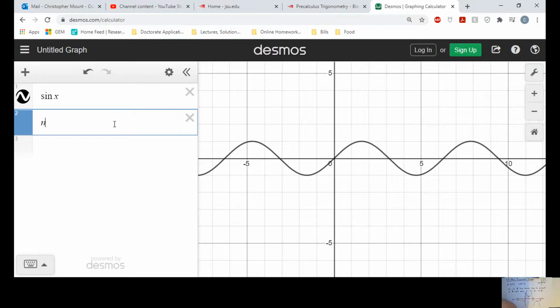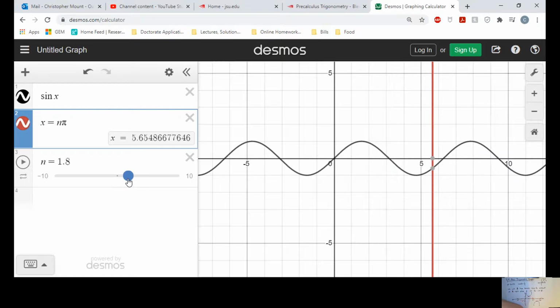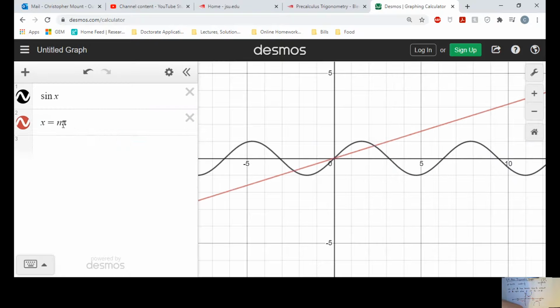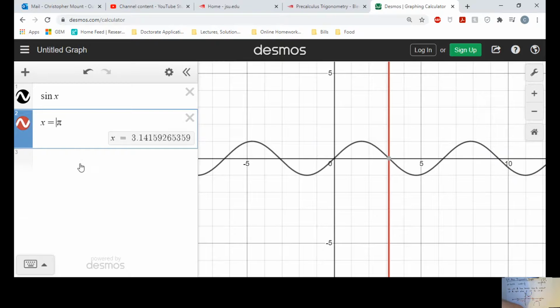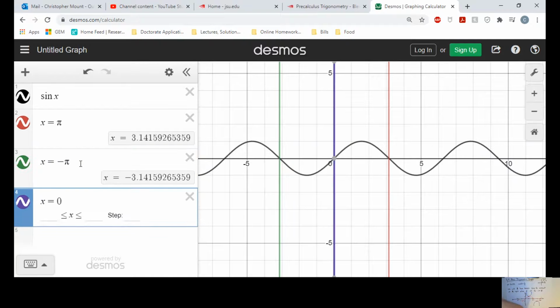So I'm going to say n pi, and I think I can add a slider. What do I want to do here? Hang on, let me figure this out. Let's see. X equals. Oh, no, that's not what I want. Okay, I'm going to do x equals pi. I'll just do a few. X equals negative pi. Definitely 0. 0 is going to be one of them.